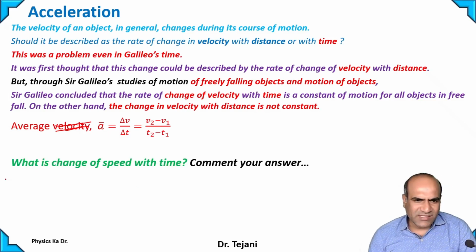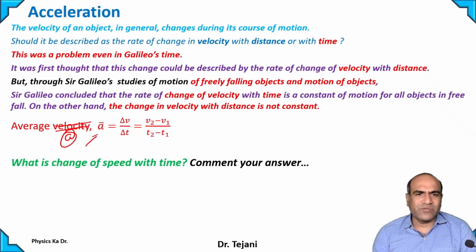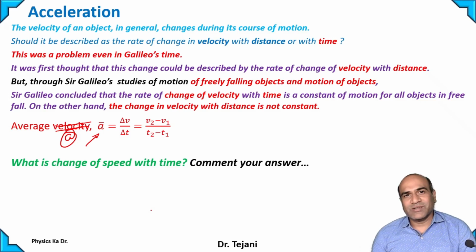Do you know this answer? What is change of speed with time? Average acceleration is not a change of speed. It is a change of velocity. Do we have any other term, like we have for speed and velocity, in the case of acceleration?